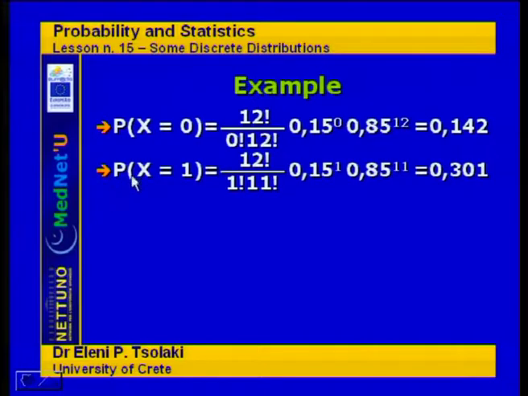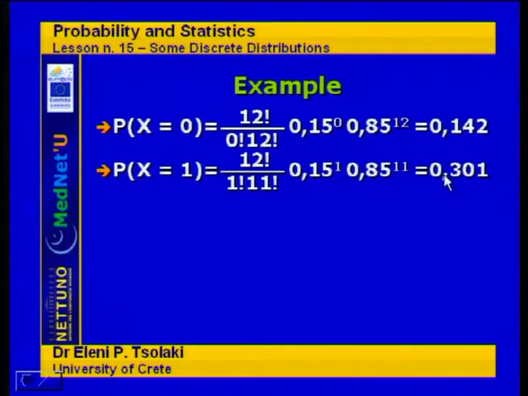Also, we calculate the probability that we observe 1 defective in our batch. We see here that this remains the same, this becomes 1, and here 12 becomes 11. We have 0.15 to the power of 1, and so on.